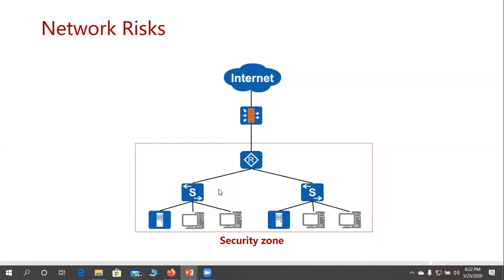Or I can have this as a trust zone and this one as an untrust zone, whereby I can have a policy on the firewall saying that traffic coming from the untrust zone doesn't have to be allowed to come to the trust zone. So the configuration of those policies, that is what this course is all about. Network security.